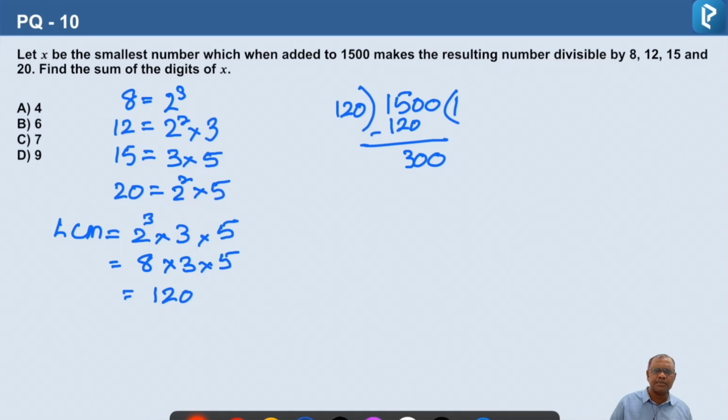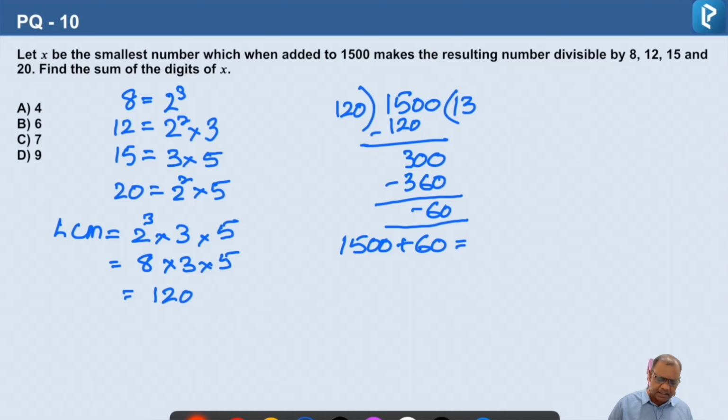The nearest multiple of 120 is 120 times 3, which is 360. By subtracting you will get minus 60. So if you add 60 to 1500, it is divisible by 120, 13 times. So if you add 60, then it will be divisible by 120. So the smallest number that should be added to 1500 is 60.